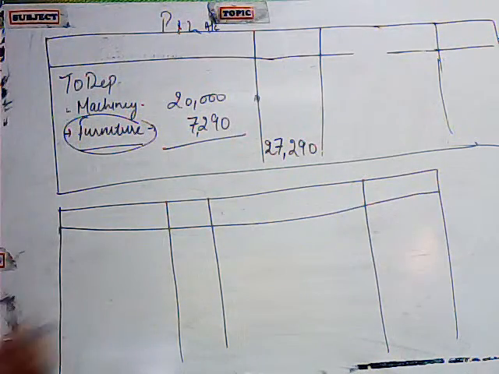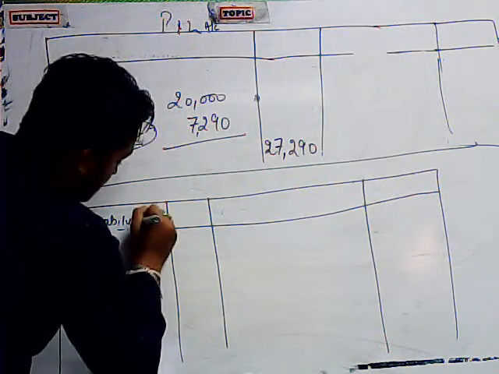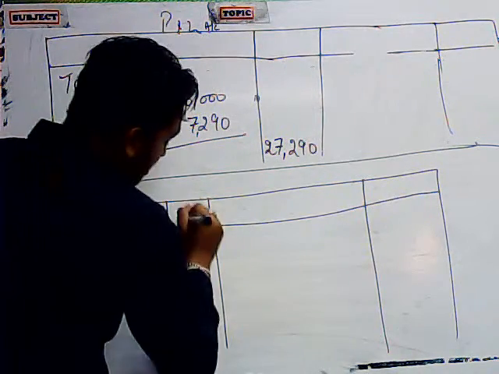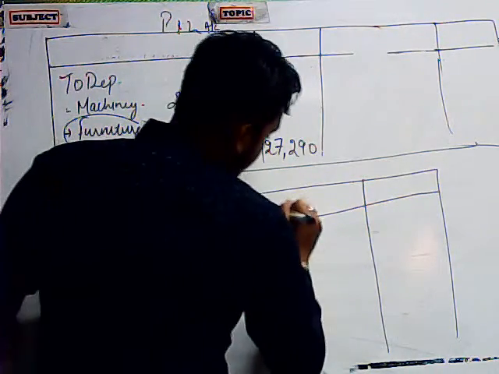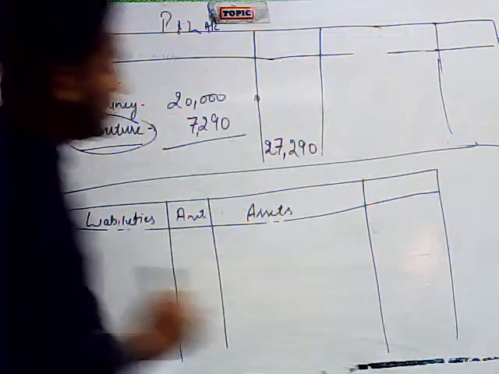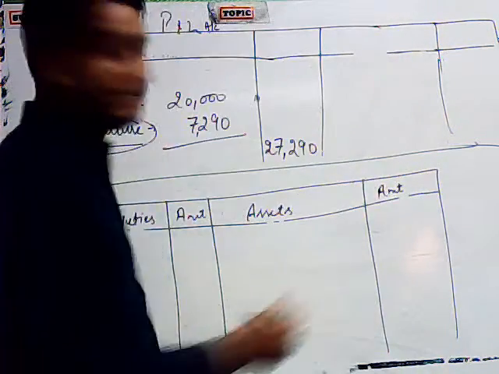Liabilities, amount, assets, and again amount. Clear?